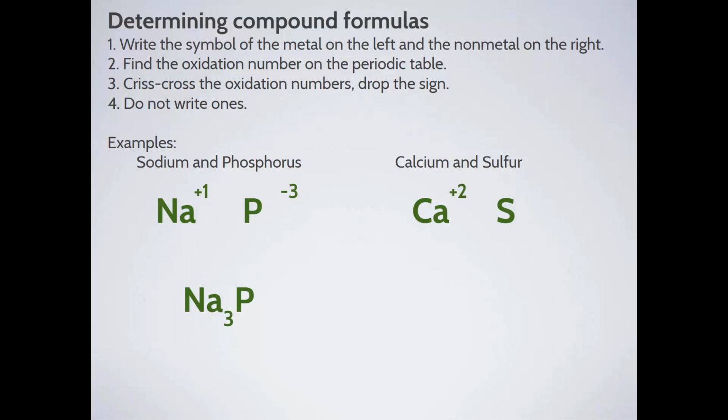Therefore it is -2. So when they combine, what is the formula going to be? Ca2S2. And we can simplify. If they're both 2, we can simplify to CaS, because it's just a ratio.